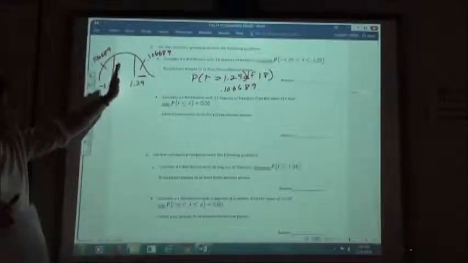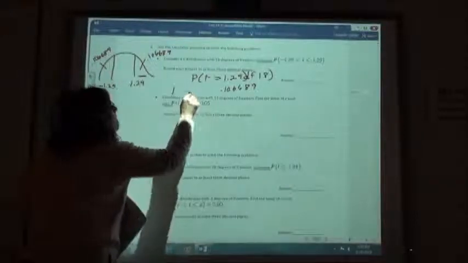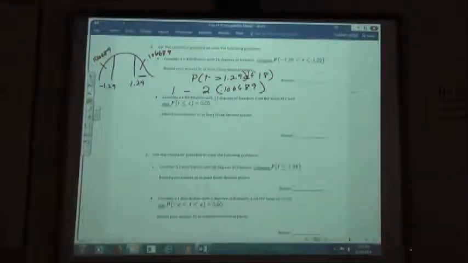We want to find the area in the middle. So we're going to take 1 minus 2 times that value because we have that on both ends, right? To find the area in the middle.